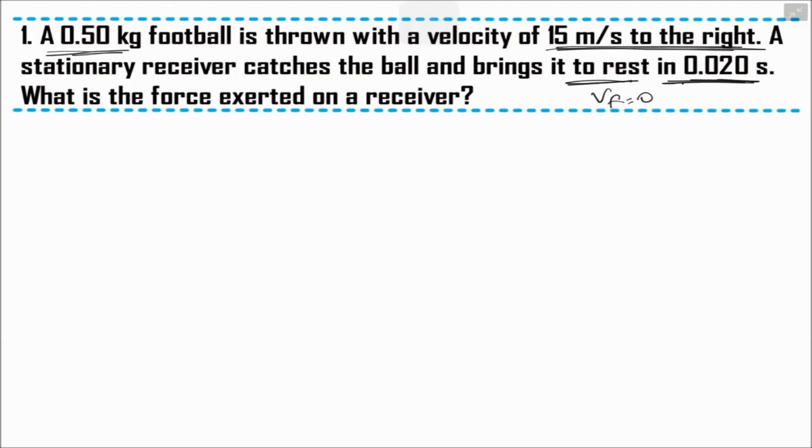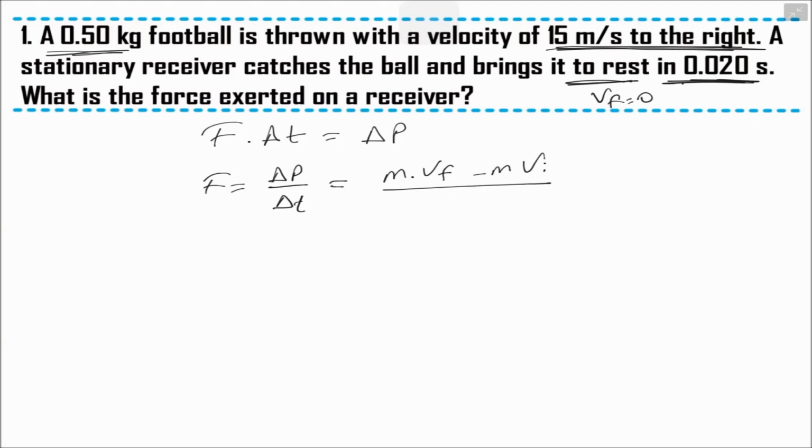So we have to use the momentum impulse theorem. F times delta t equals delta p. It's asking what is the force, so force equals delta p over delta t. Delta p means m times v final minus m times v initial, over delta t. So force equals, final velocity of the object is 0, so it will be 0 minus m.